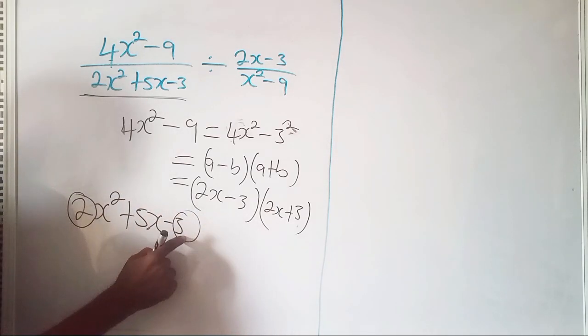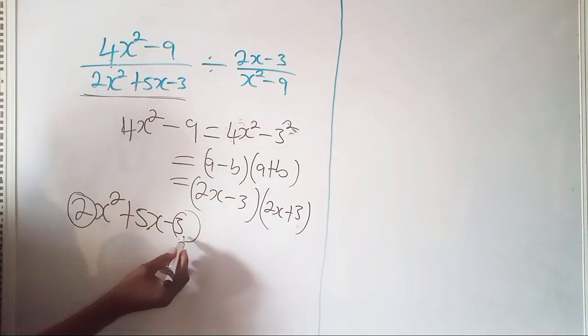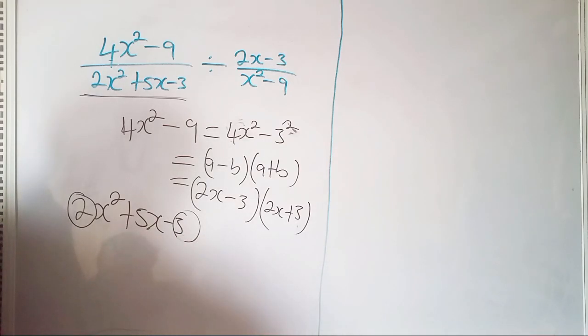So you think of two values that when you multiply, you have 6, and when you add, you have 5. The two numbers are minus 1 and plus 6.